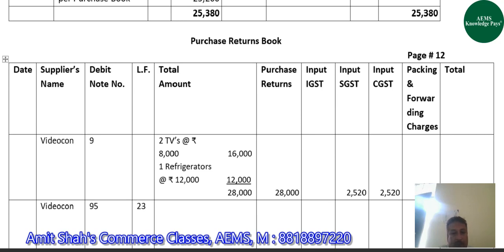It means the total amount with which we have to debit Videocon is 33,040.